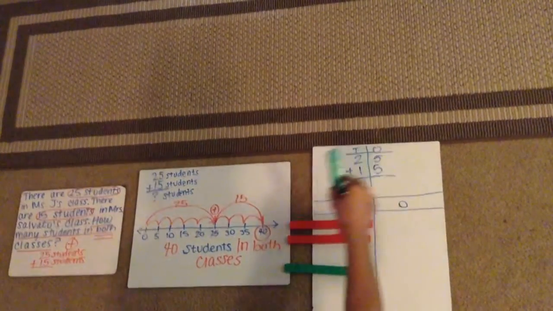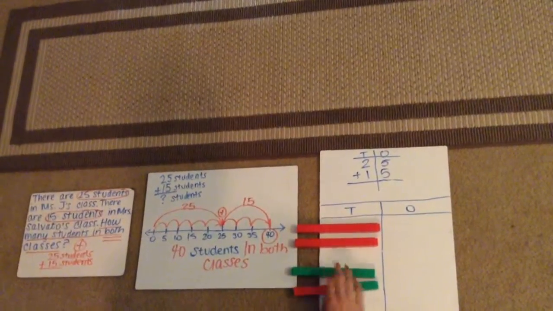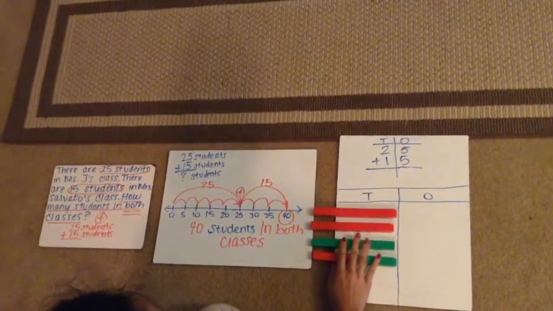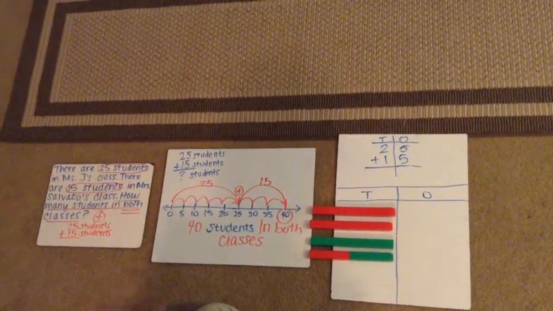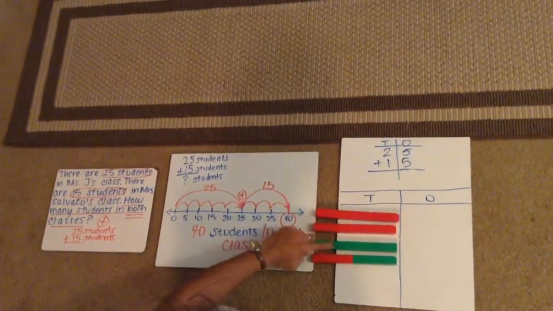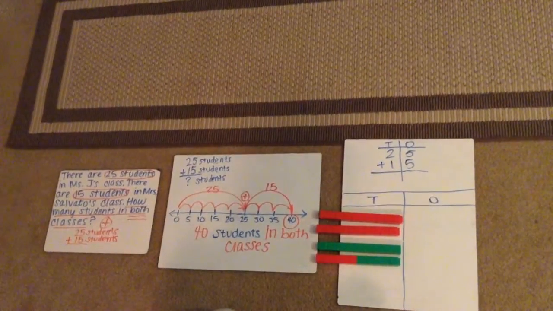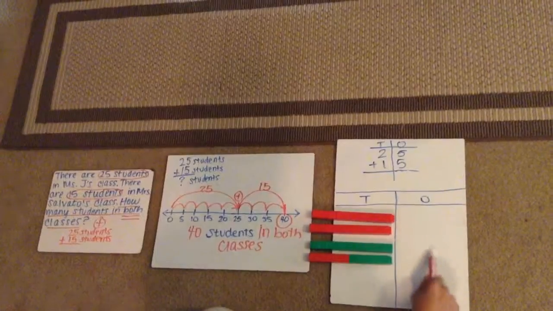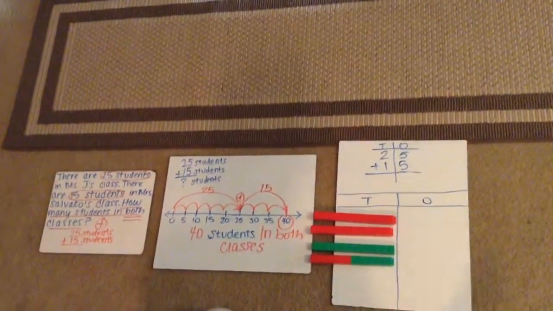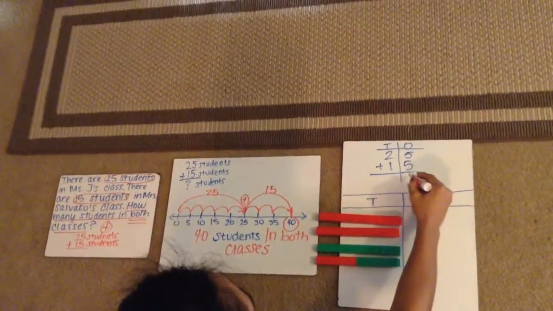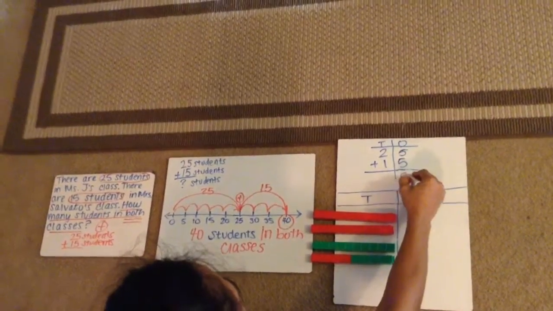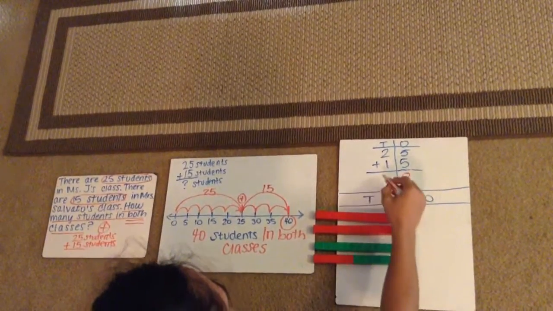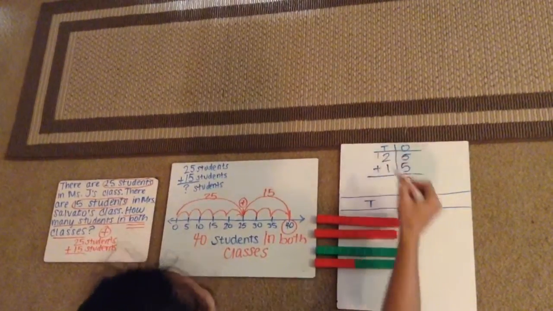We're carrying over. It's in the tens place now. So we have 1, 2, 3, 4 longs in the tens place and 0 units in the ones place. Carried the 1.